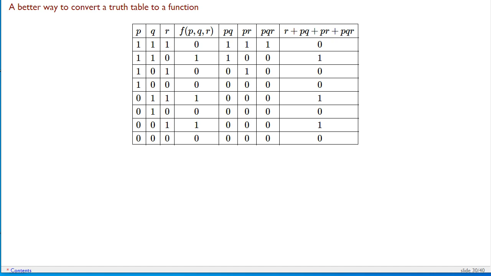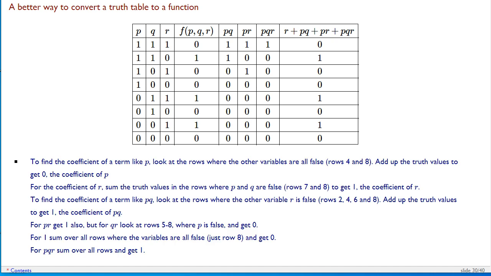But it turns out there's a much better way to convert a truth table to a function, which I stumbled across quite by accident last month. You can look at the truth table and find out the coefficient of any individual term. I'll give you the rule and leave it to you to figure out exactly why this works.